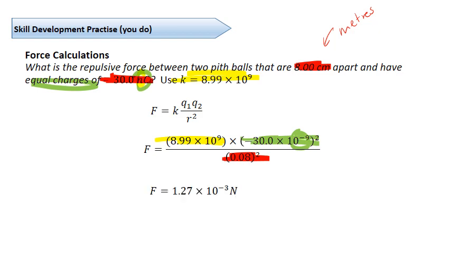And if you put that into a calculator, you should get F equals 1.27 times 10 to the negative 3. I think when I put it into my calculator, I actually get F equals 0.00126. That's okay, I've just done a little bit of rounding and put in some scientific notation here.